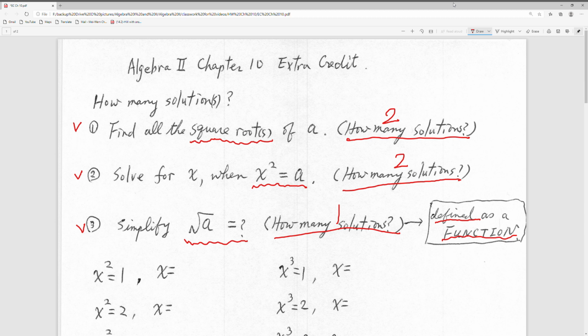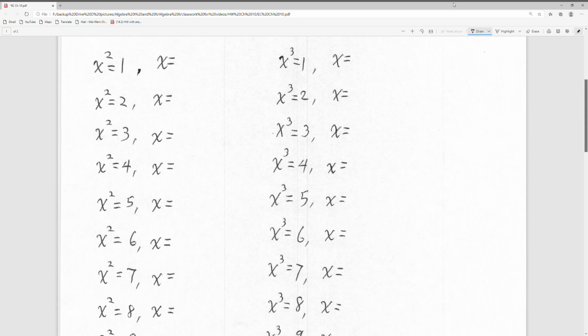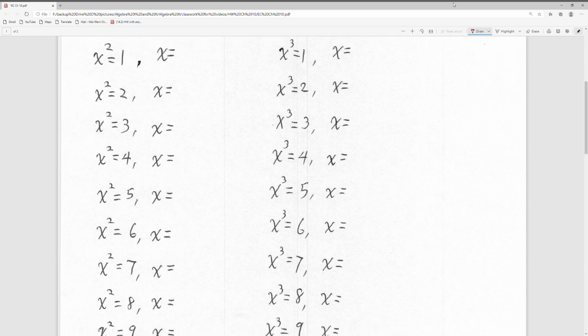So right now, very important is why there are two answers or one answer. Let's use some examples first, and then I will go back to talk about the concept. If I have an equation, or say in words, find the square root of 1: positive 1 squared is 1, negative 1 squared is also 1.